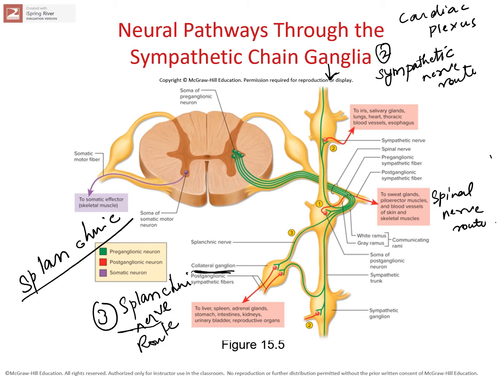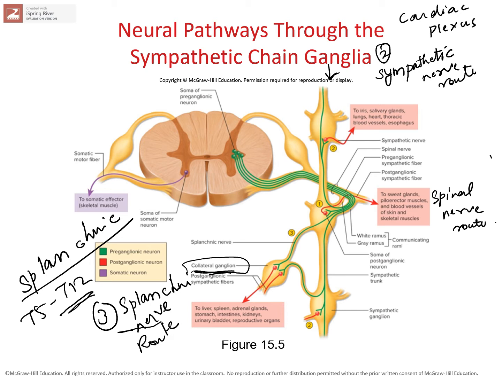The splanchnic nerves are the nerves that pass through the T5, specifically T5 to T12 vertebrae without synapsing with another nerve, and they lead to another set of ganglia known as the collateral ganglion away from the sympathetic chain ganglia.